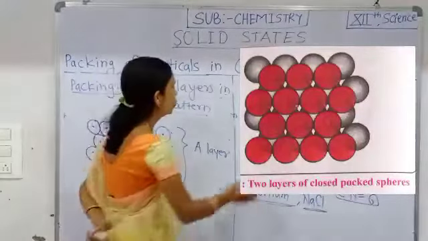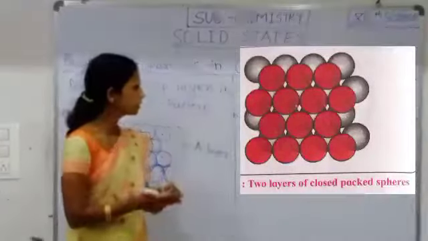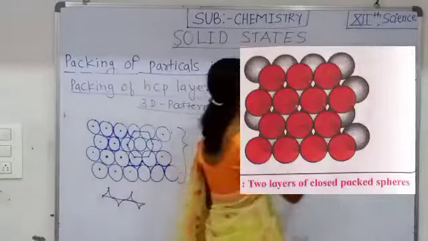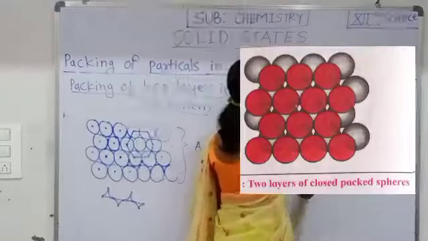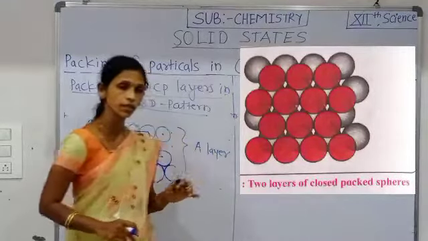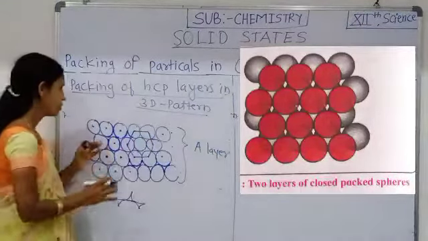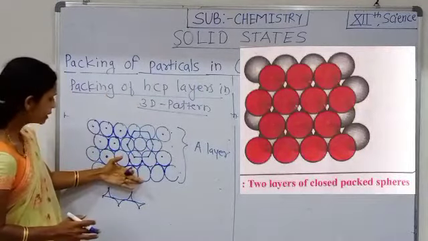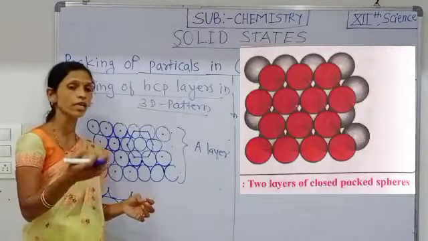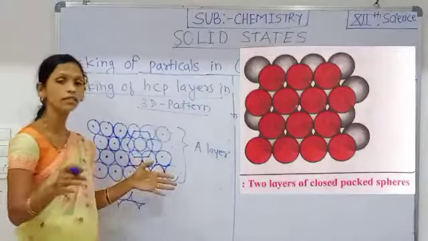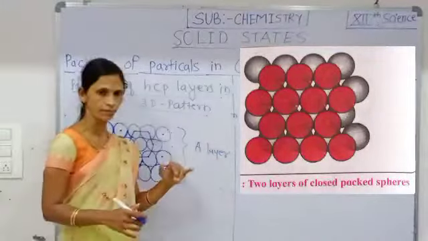First of all, we have to discuss the packing of 2 SCP type of layers. That is, see here, this layer is A type layer. Then spheres in the second layer, that is second layer, is labeled as B layer.